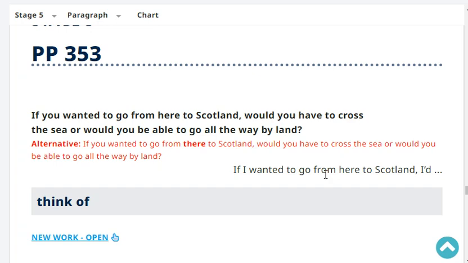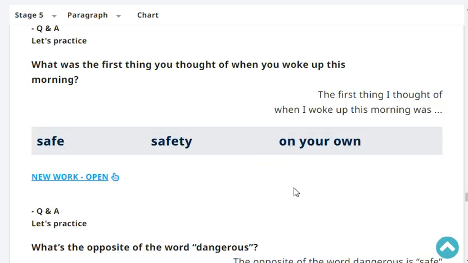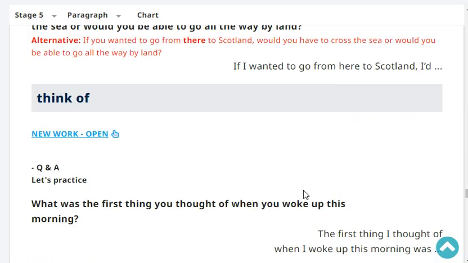I wouldn't be able to go all the way by land. Very good. What was the first thing you thought of when you woke up this morning? The first thing I thought of when I woke up this morning was my mobile phone.